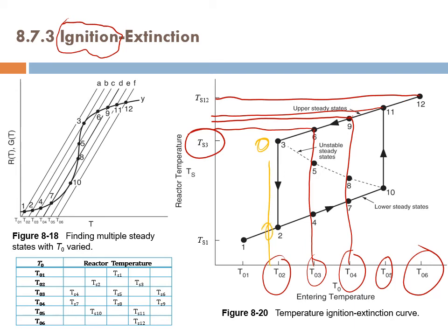So now, again, let's look. I was here at TS3, and now with a slight decrease in feed temperature below T02, I don't have any steady state except a lower steady state here. And you can see that again we have a big jump in the temperature inside the reactor.